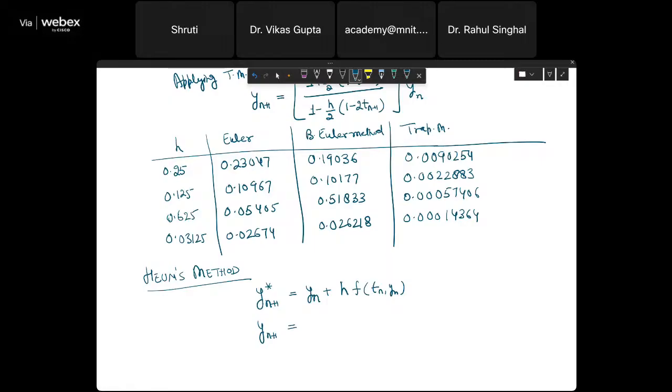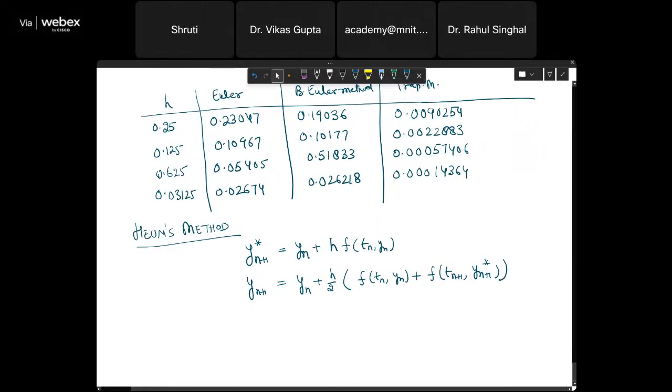Meaning now the approximate solution at n+1, which is y_{n+1}, will be y_n + h/2 multiplied with (f(t_n, y_n) + f(t_{n+1}, y*_{n+1})). Okay, so in two stages this approximate solution at a particular step is computed in Heun's method.